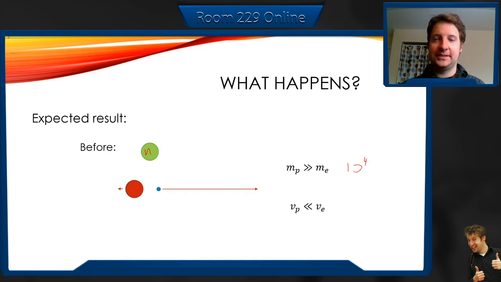So that means that, because of conservation of momentum, the velocities are also going to differ by that same order. This electron's going to whiz away super fast, and the proton's just going to putter off, right? But the important thing is that this whole system is one-dimensional. They're collinear with each other. This is what we would expect to happen when a neutron decays. Right? A proton and an electron are made when that neutron decays.